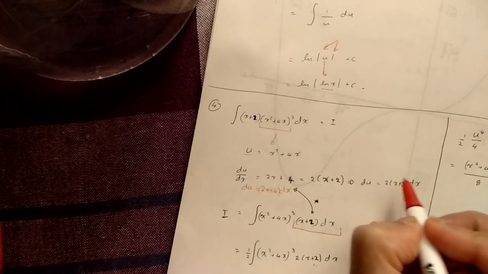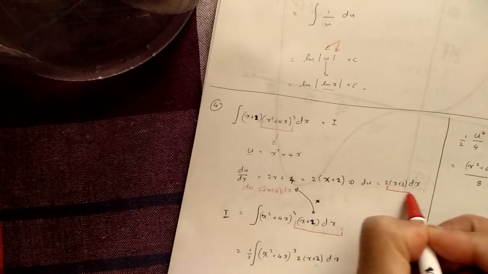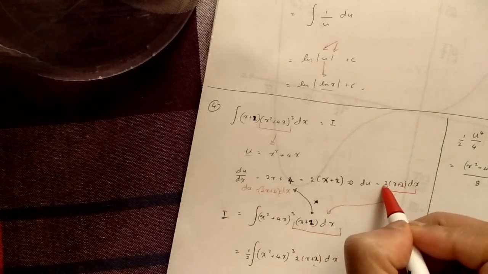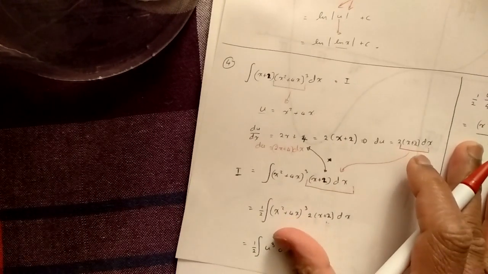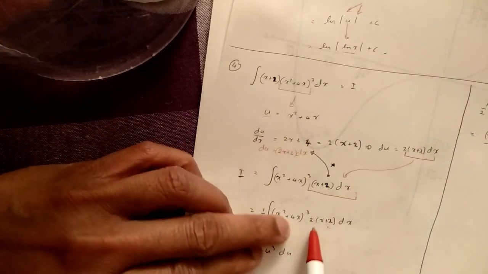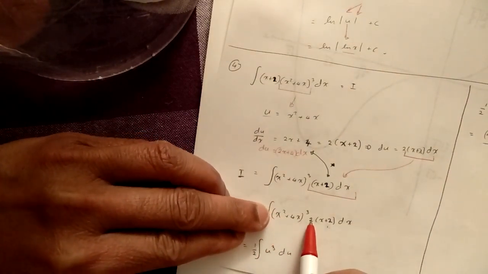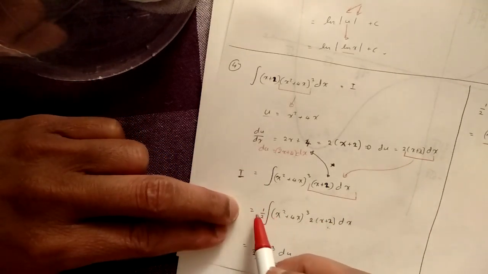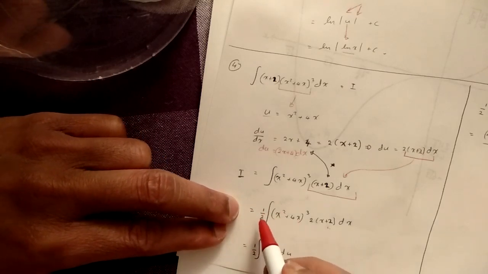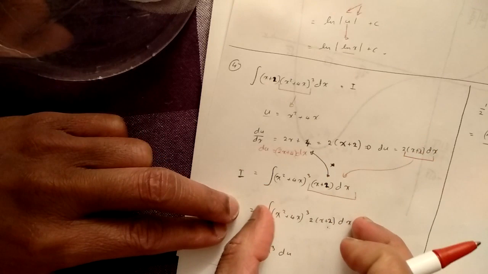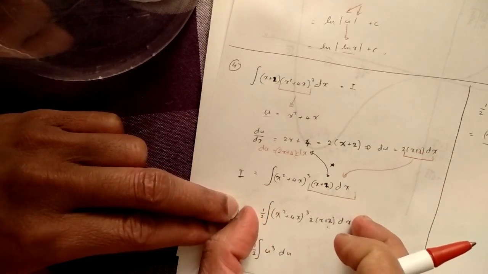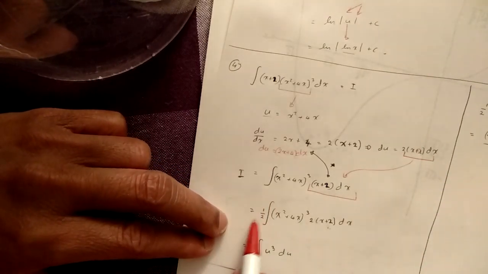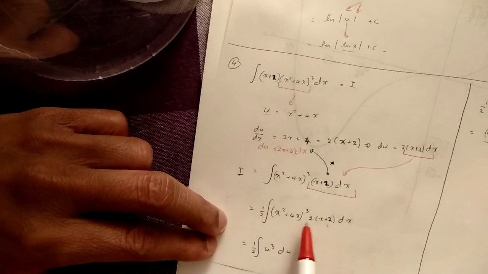Then, here the x plus 2 term is there in the original problem, but we also need to have 2, and hence we can write a 2 in front. But if we just leave it like that, we will be changing the original problem, so we have to divide by 2 as well. Altogether this says that we have not made any changes to the original problem, because this 2 will cancel off with the 2 that we are multiplying.